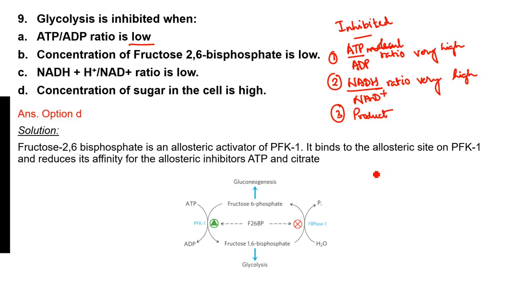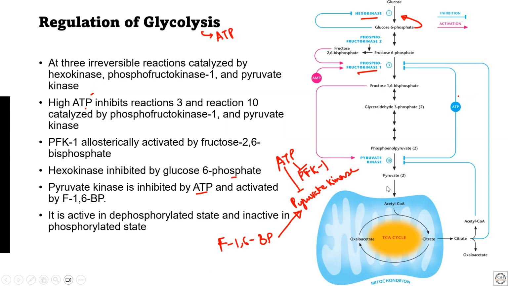In step number 3, glucose 6 phosphate is getting converted into fructose 6 phosphate, and then fructose 6 phosphate can be converted into fructose 2,6 bisphosphate.